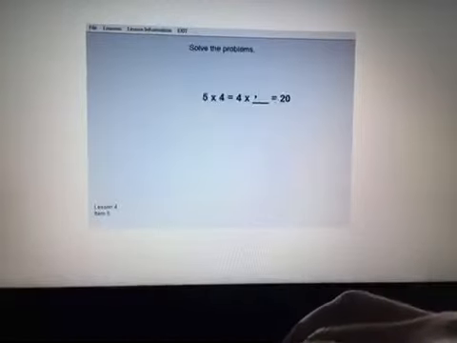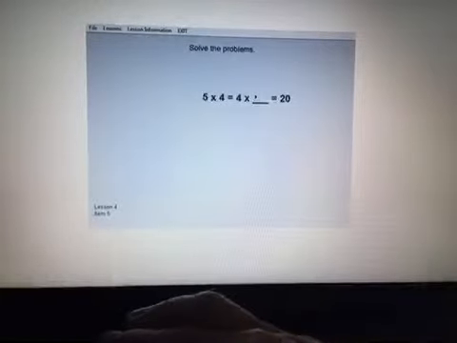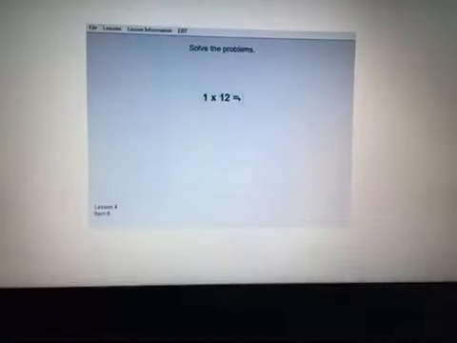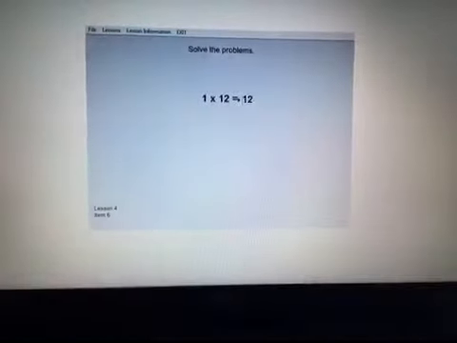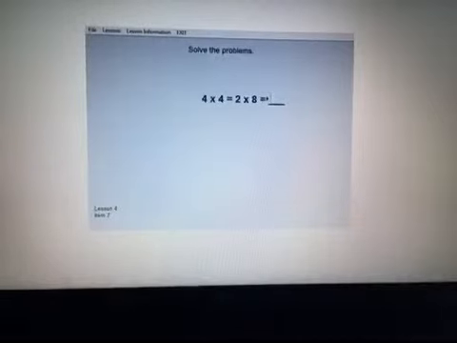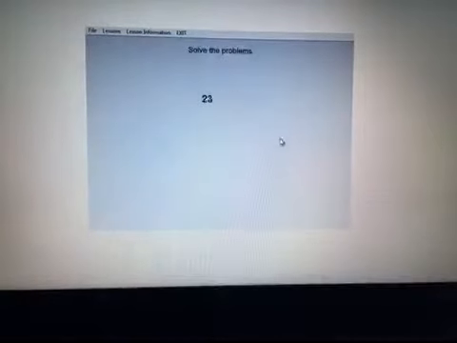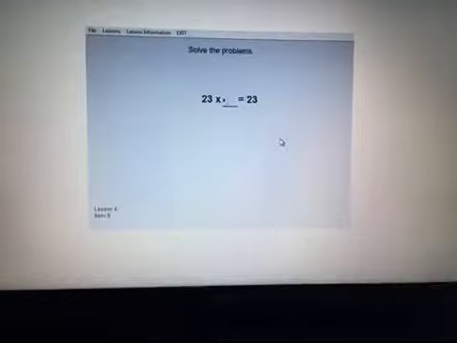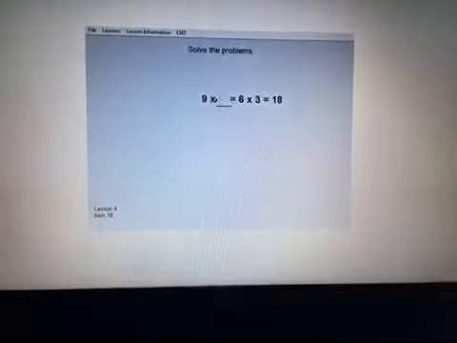Way more complex. Reinforcing all of the concepts that were in this lesson, which you saw were much more complex.